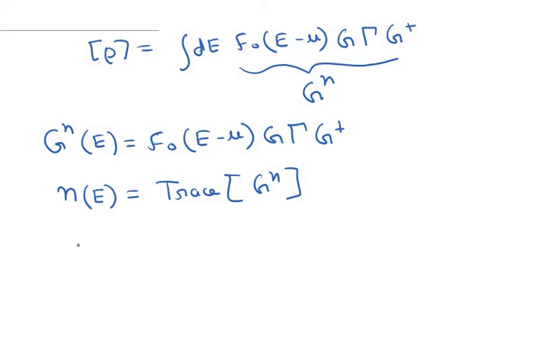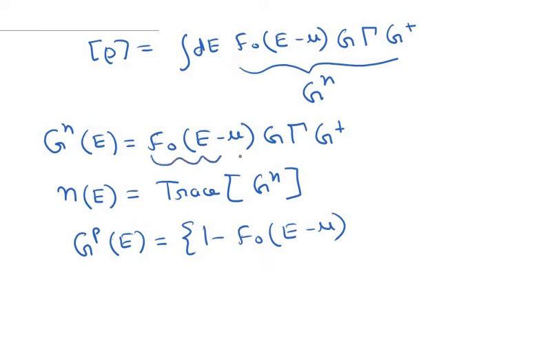Okay, similarly we can have a function for holes, which is given by... let me define this function Gp. P for holes here, and Gp(E) is basically equal to 1 minus F0(E minus mu), because you can already understand that here it was the occupancy probability.